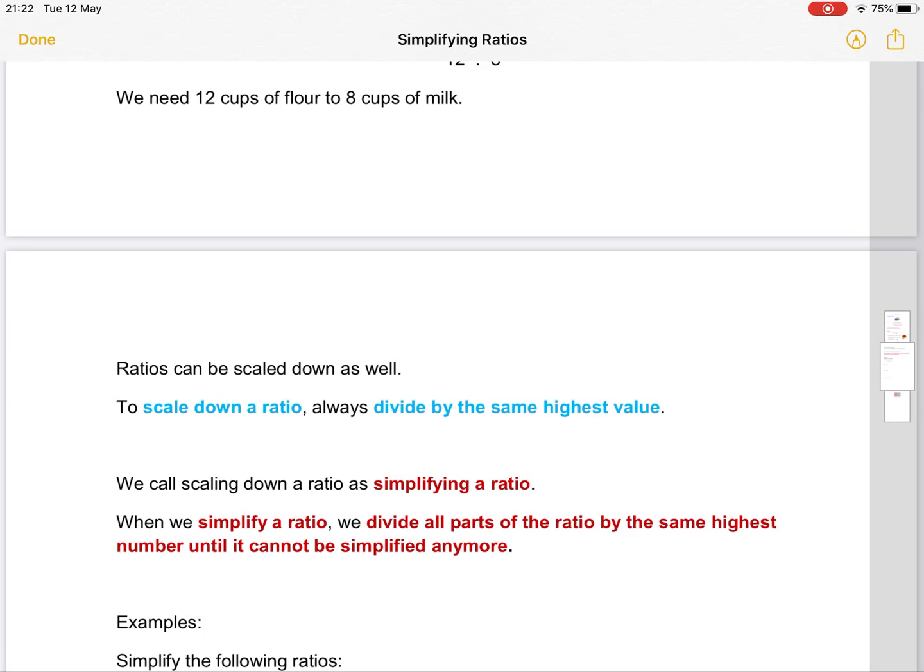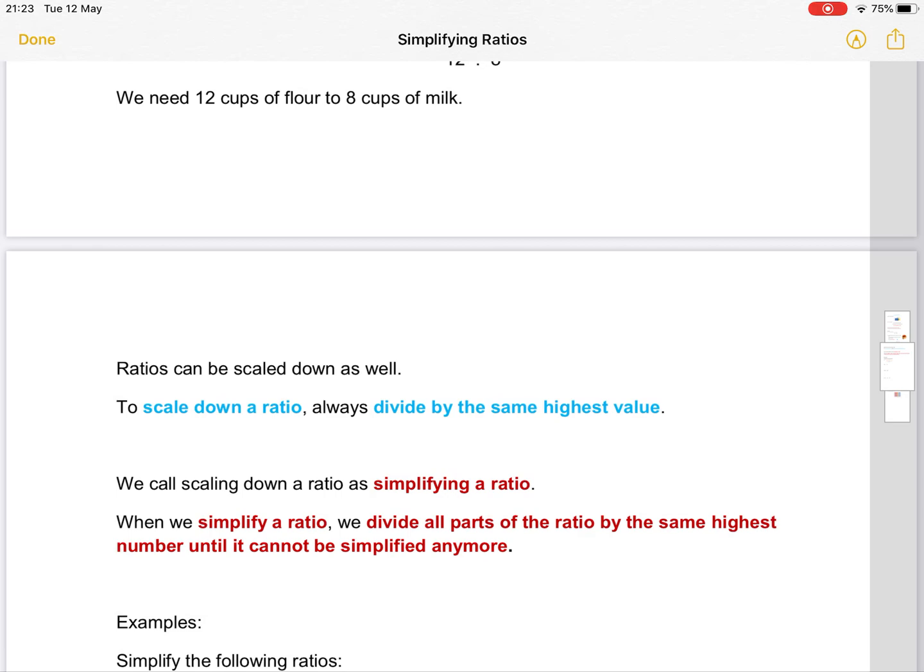When we scale down a ratio, instead of multiplying, because we are not scaling up, we are scaling down, we need to divide by the same number. We need to divide both parts by the same number until we cannot divide anymore, until the answer cannot be simplified anymore. To do that, we need to divide by the same highest value.